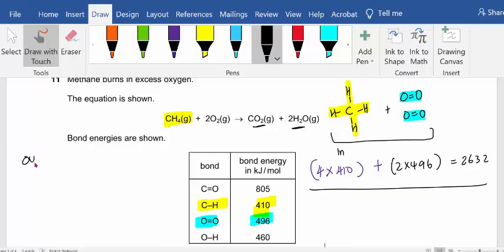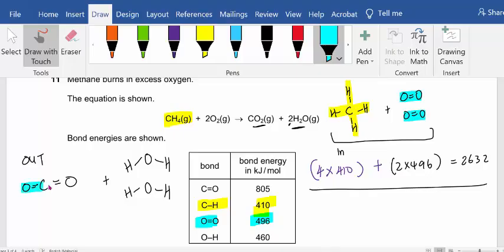Now, energy out is CO2 and H2O. So, energy out, CO2. How do I know CO2 has this kind of bond? That's why we learned last time, covalent bond. That's why you need to know everything that happened last time. And H2O, what is the bond? H-O-H. How many H2O? 2. Can you see that?